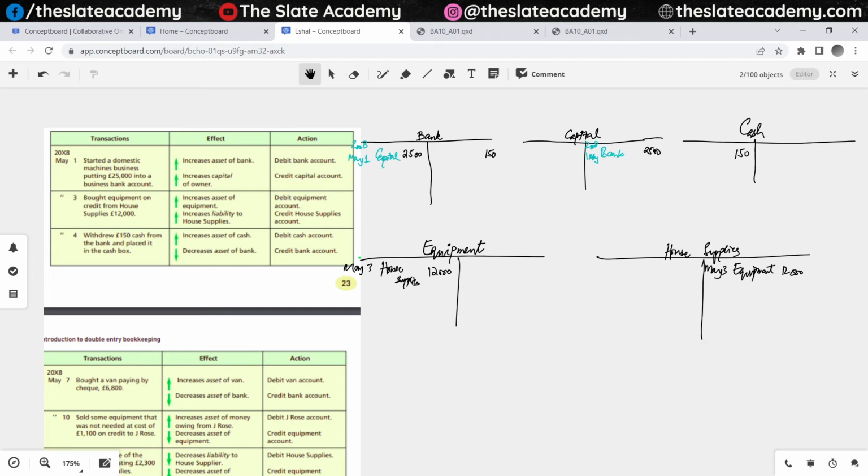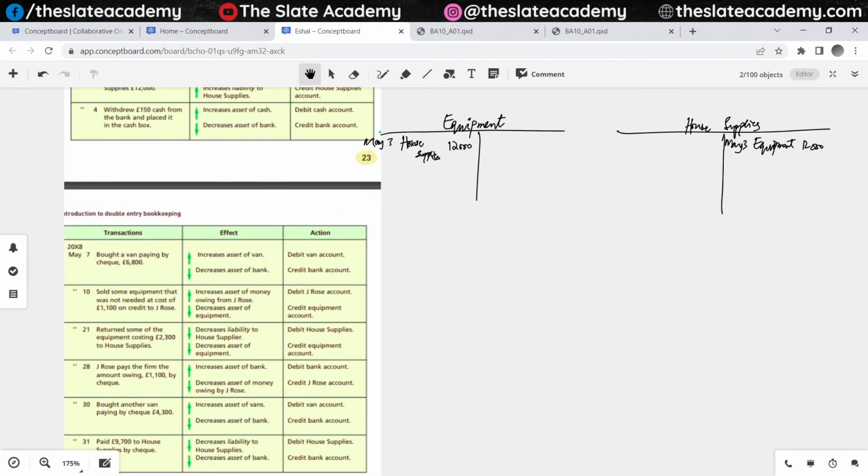The bank got credited because cash was debited, so here I write cash, and in cash I write bank. Then I write the dates, May 4 and May 4. Done.